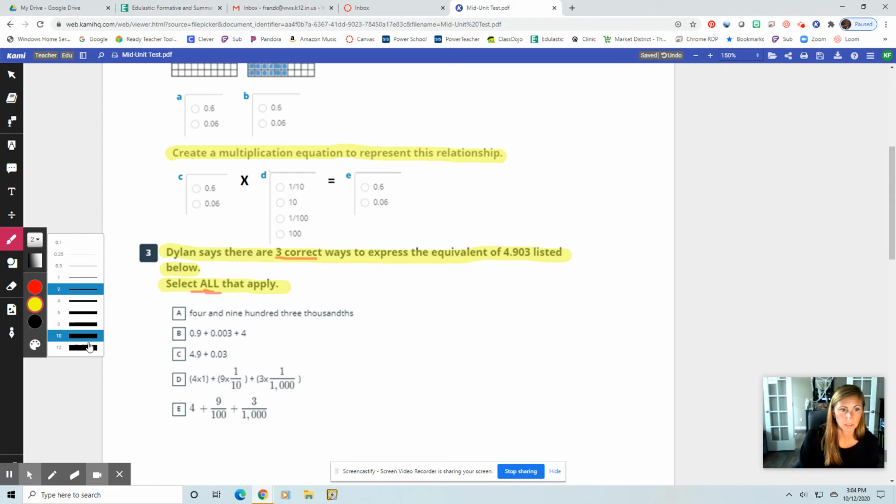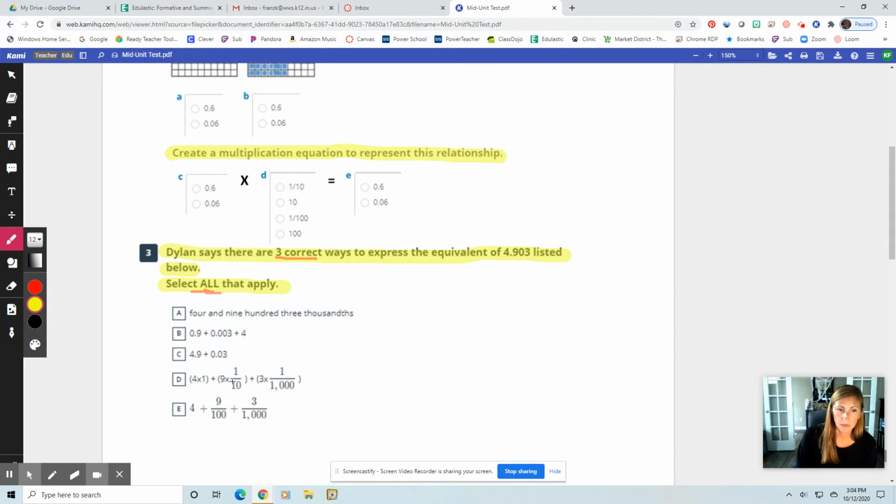So which one of these would be a correct way to say this number? This one says 4 and 903 thousandths. So check and see if that's 4 and 903 thousandths. B, you have an expanded form to see if it is this number. C is an expanded form.